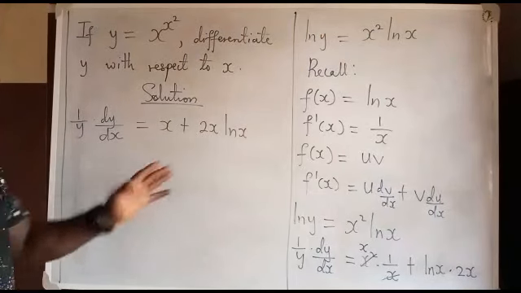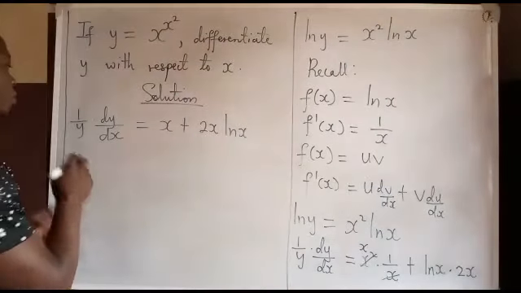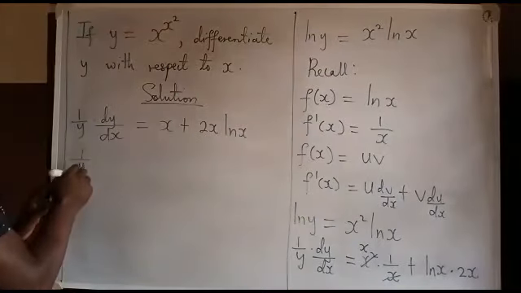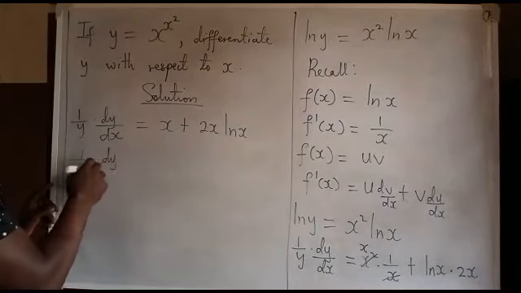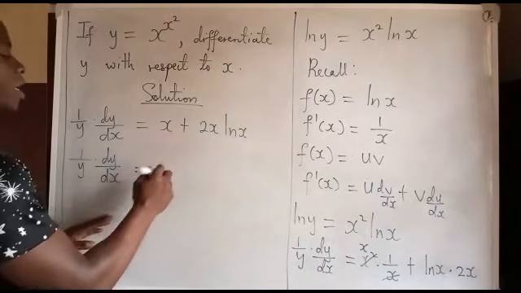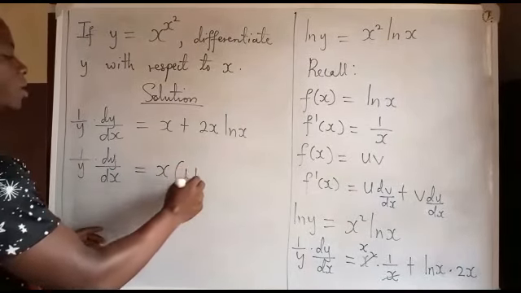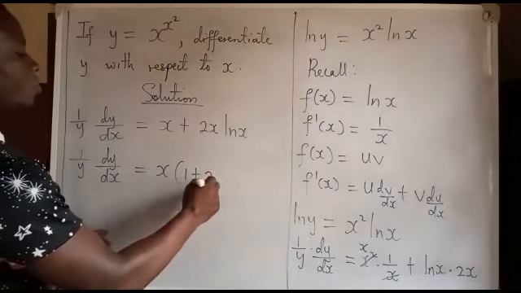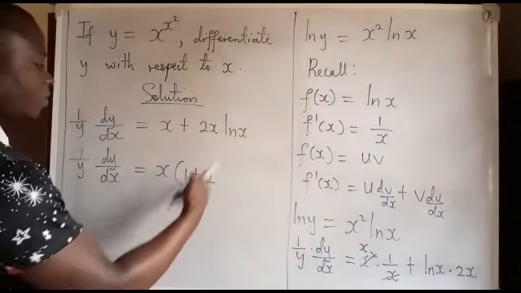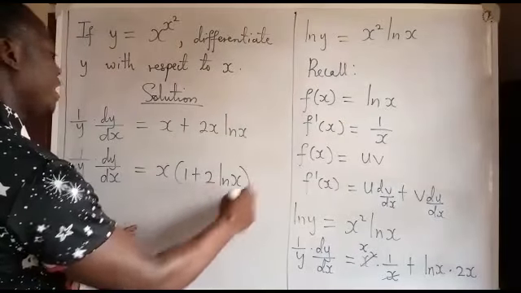But before we do that, let us factorize this. Because we have x here, x is common, so we can factorize. So this is y dy dx equals, what is common here is x, so we take x out. x divided by x will be 1, plus 2x ln x divided by x is going to give us 2 ln x.